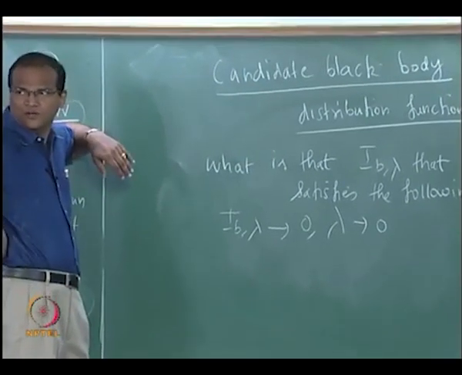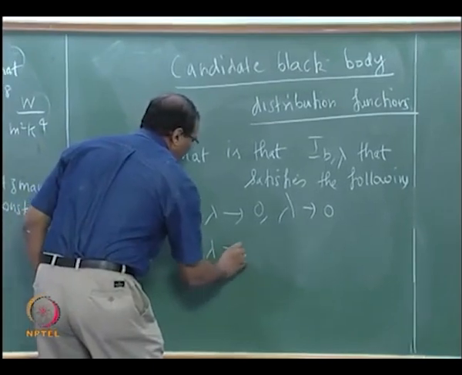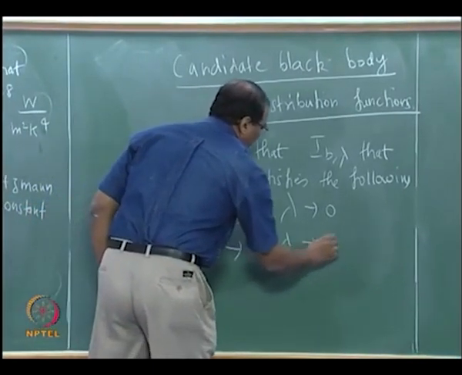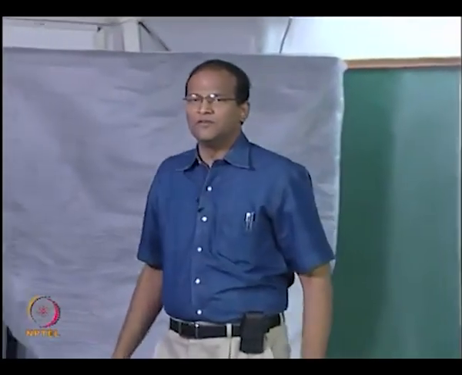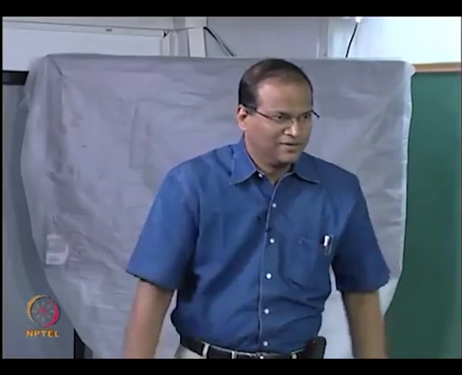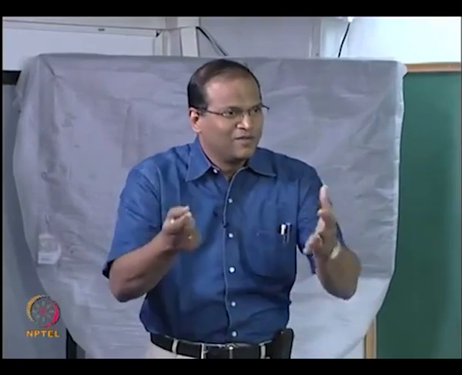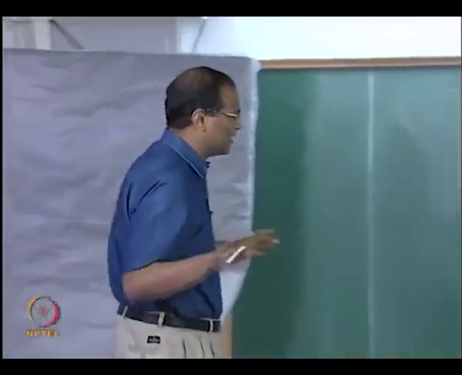If it tends to infinity, it will become a singularity. By the same token, I_B lambda must become 0 as lambda tends to infinity. Otherwise, everybody will build sophisticated devices which will emit radiation only at very low wavelengths, and that is not going to work. So, at both ends of the spectrum, it has to be 0.